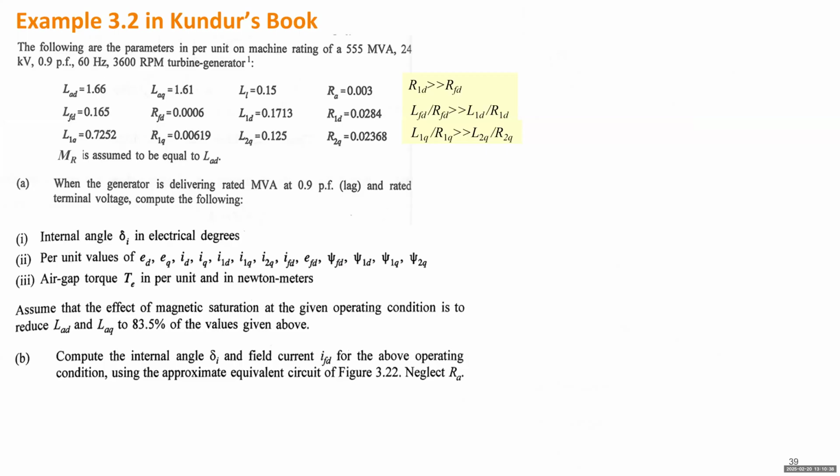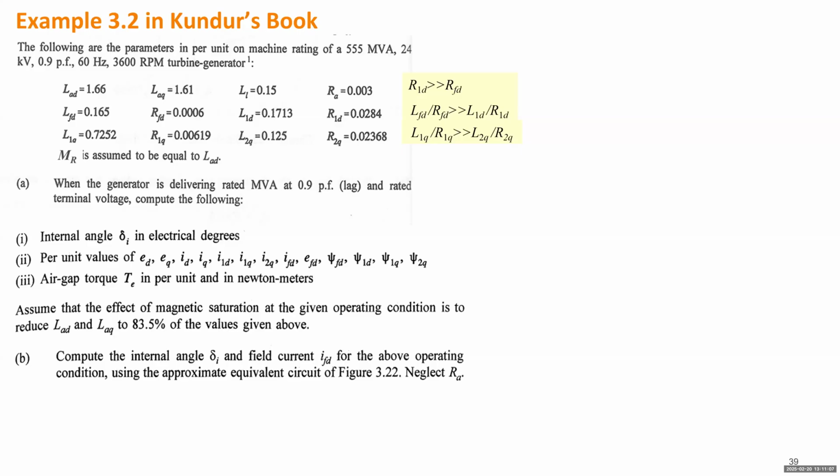All right, so before we start calculating anything, I want you to try a quick calculation for those values. The first one is if we compare R1D to the RFD. R1D is the resistance in the first damper winding, right? In DSs. RFD is the resistance of the field winding. So this value must be much larger than that one.